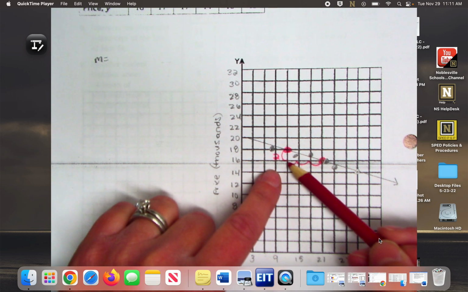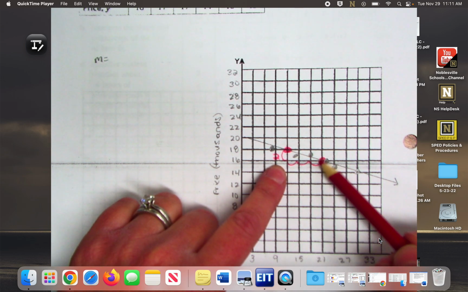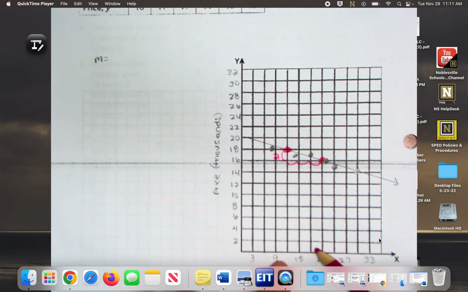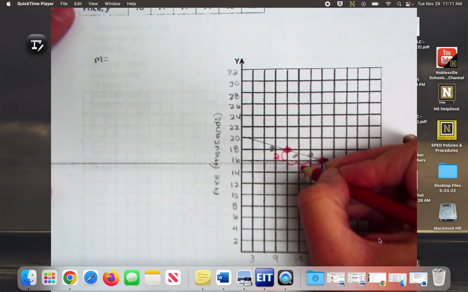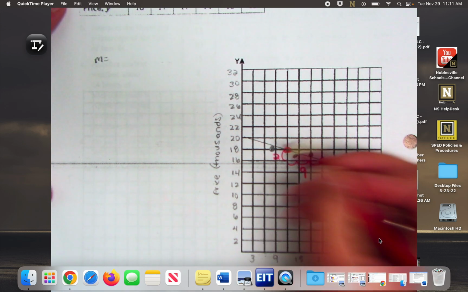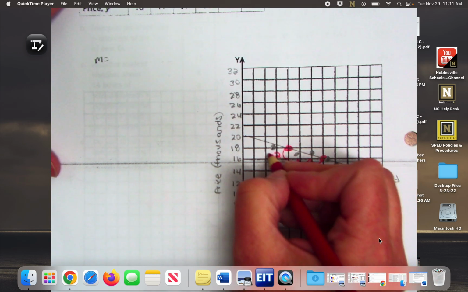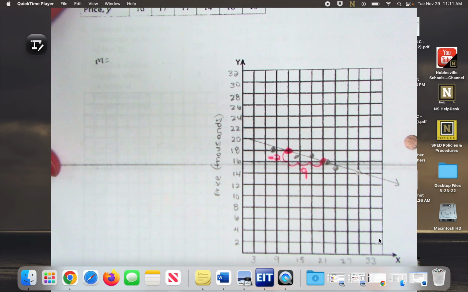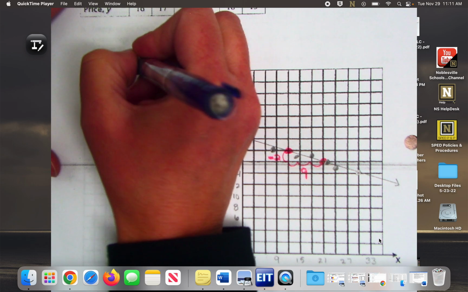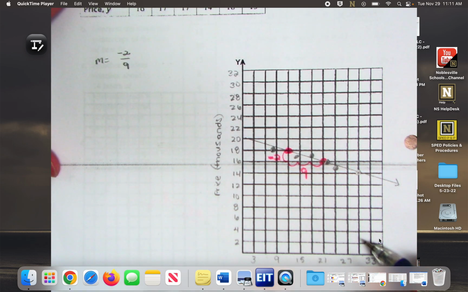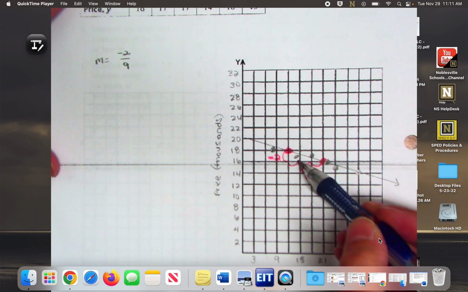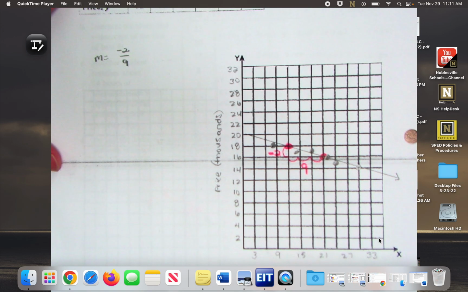Hold on. 3, 6, 9. These are each worth 3, right? So it's going to be 2 and 9. Okay, so my slope is -2 because I fell 2. And then I went forward 9. 3, 6, 9. Because these are in increments of 3,000 miles.